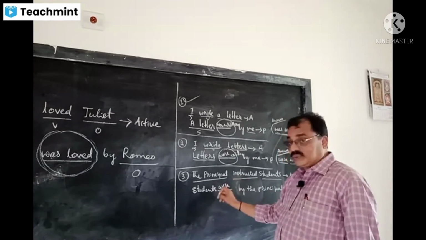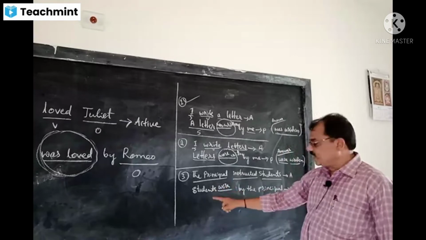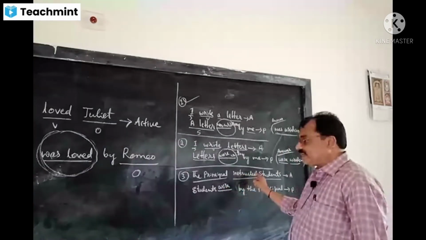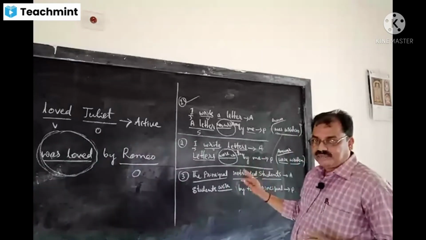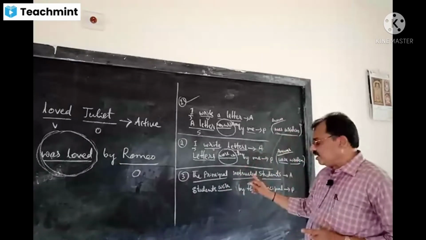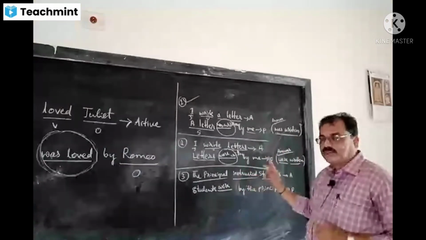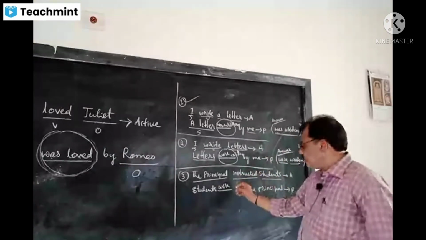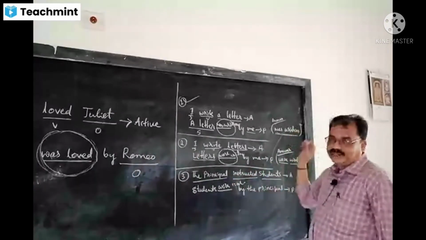Were. Students, plural form. That's why we must use were. Students were instructed. Instruct is present tense, instructed is past tense, instructed is the same past participle form. Therefore, students were instructed by the principal.